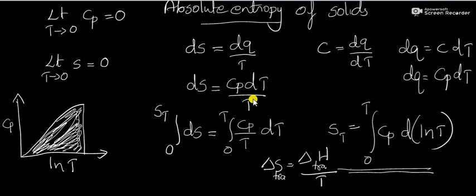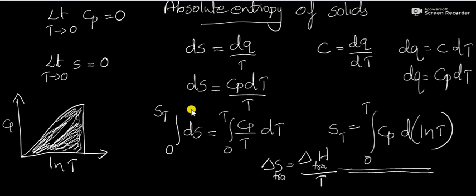Then according to the third law, the absolute entropy of a perfectly crystalline substance is 0. So we can integrate this equation from 0 Kelvin to T Kelvin. At 0 Kelvin, entropy is 0.